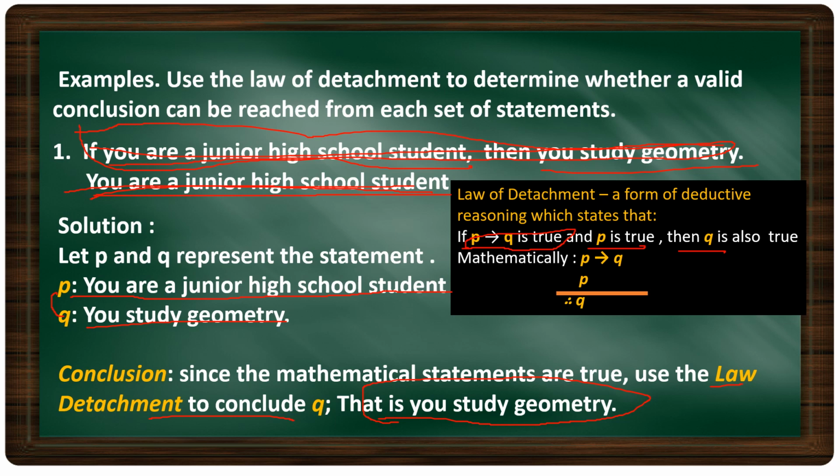So this is our conditional. This is true. Our hypothesis is also true. This is our hypothesis. And therefore, ang atin pong magiging conclusion must also be a true statement. Ganun lamang po kadali.